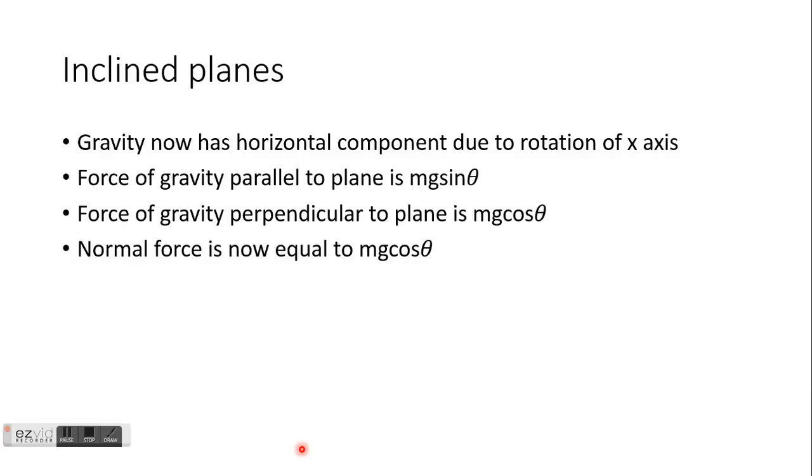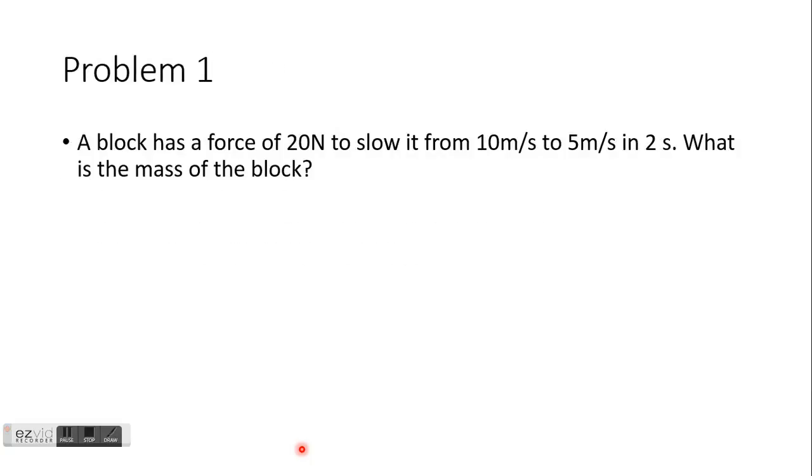But if you were to draw the triangles and use law of cosines and law of sines and triangle properties, you would be able to see that the lengths of the parallel and perpendicular vectors are equal to the mass times gravity times the sine or cosine of theta, because the angle is measured from the vertical and not the horizontal. So if you use the cofunction rule, like 90 minus theta, you're using that, and so that's why you just flip the sine or flip the cosine.